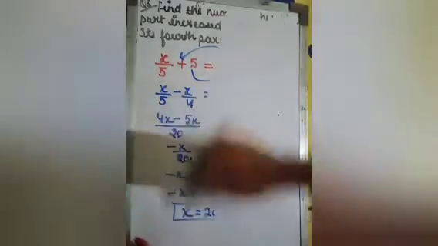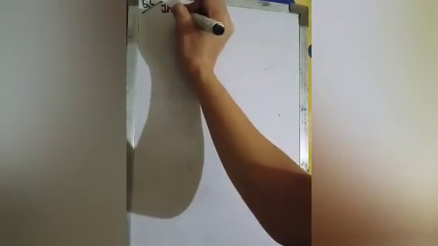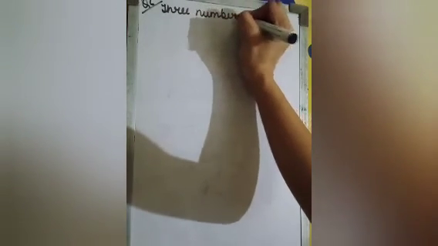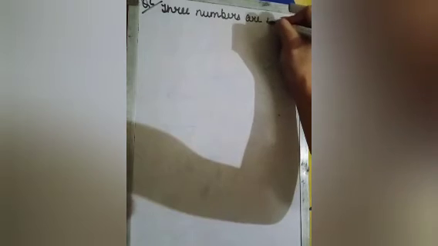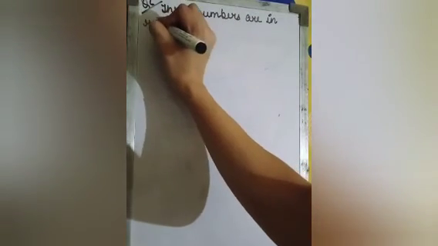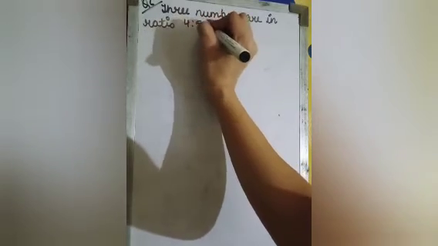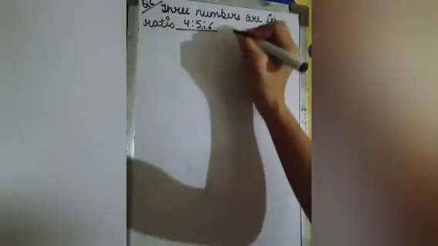Now let's move on to the question number 6. Question number 6 says, 3 numbers are in ratio 4:5:6. This is the ratio of 3 numbers.